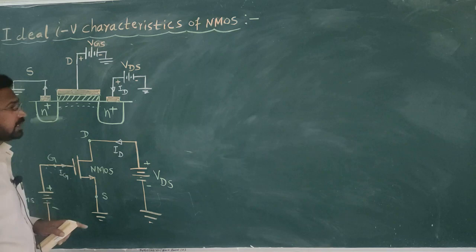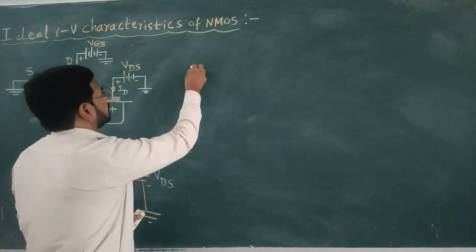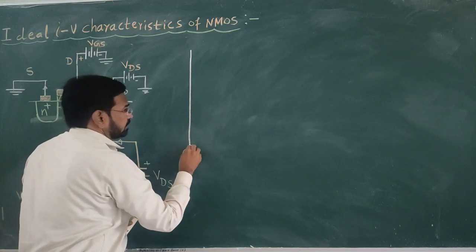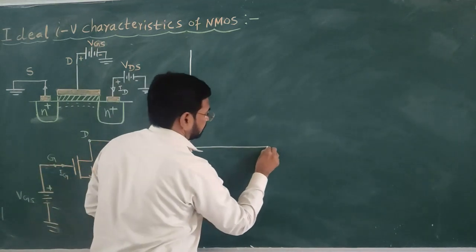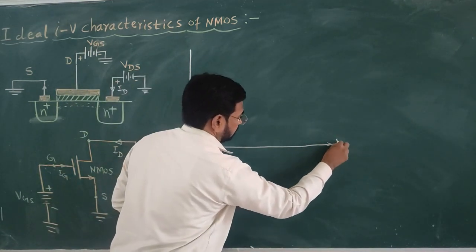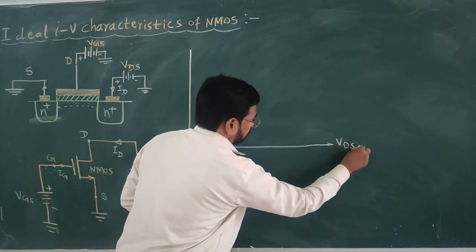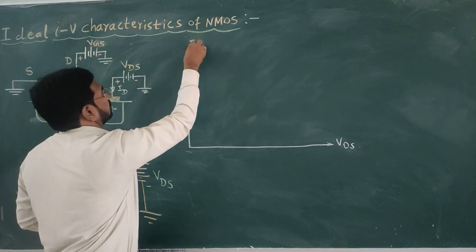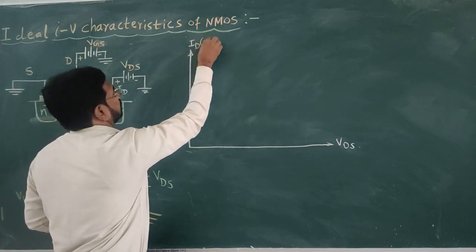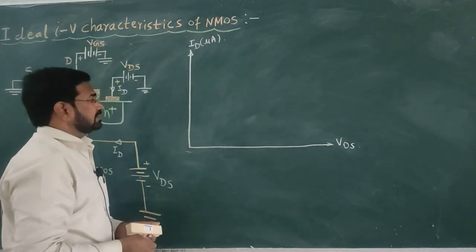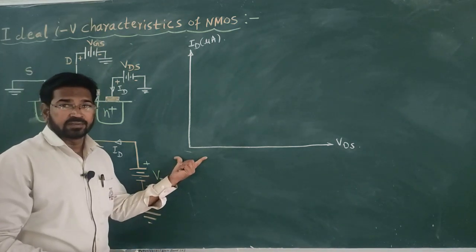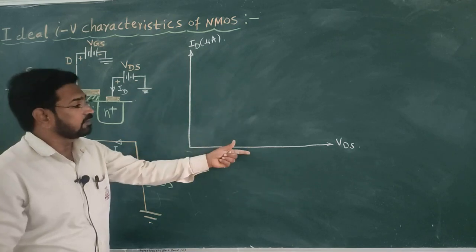Now, let us draw the characteristic: ID versus VDS. As the device is fabricated on a silicon wafer, the currents are very small.